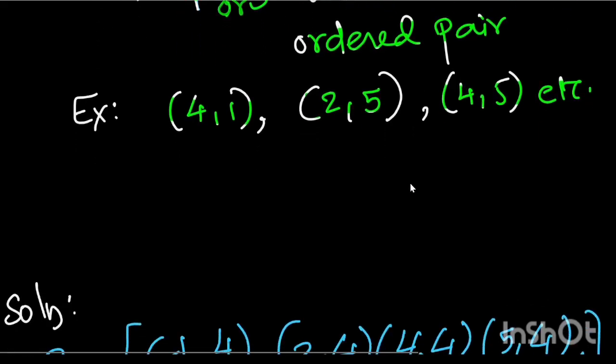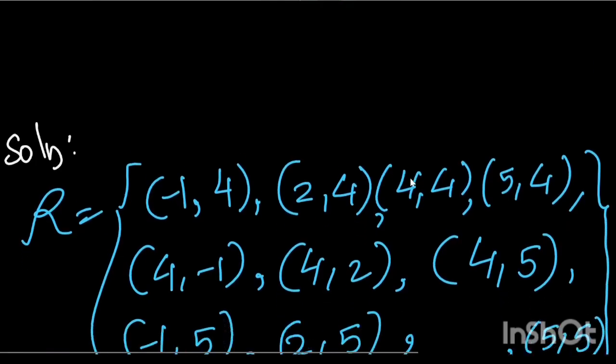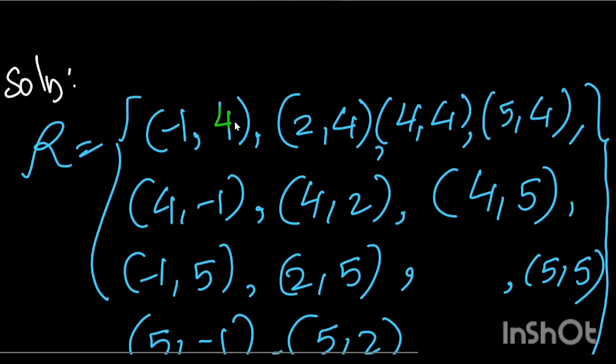So if we try to write it, we will start with 4. Then all other values lesser than 4 we will write, which are -1, 2, 4. This is another case when 5 is also added, so again (4, 5) will also be there. So if 4 is first, other values would be -1, 2, because (4, 4) is already included.